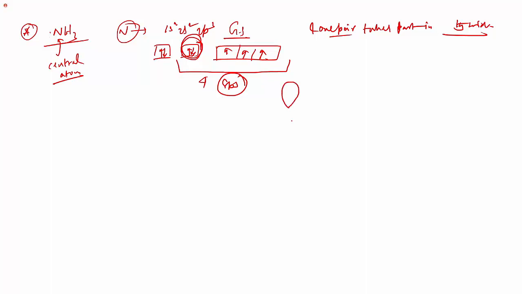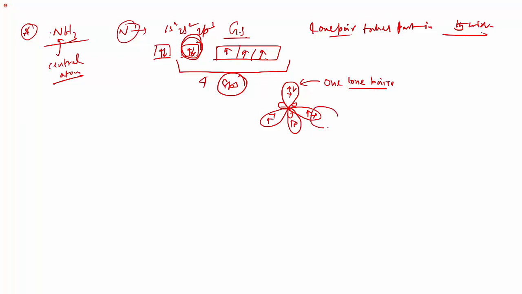Now if you see how these sp3 hybridized orbitals look for the ammonia case, they look like that. Okay, so these are the 4 sp3 hybridized orbitals. But among these 4 sp3 hybridized orbitals, one sp3 hybridized orbital contains a lone pair, and the other sp3 hybridized orbitals, this is sp3, this is sp3, each contain one unpaired electron.